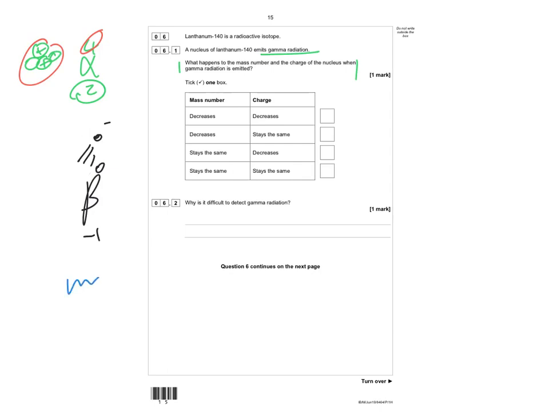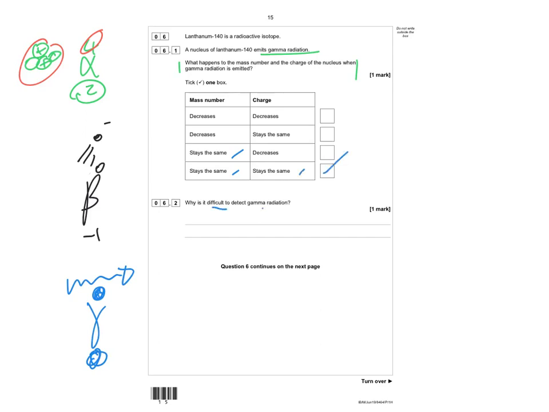Gamma, however, is an electromagnetic wave. So gamma has no mass and no charge, which means if you're not taking any mass out and you're not taking any charge out, the mass stays the same and the charge stays the same, so that must be our right one.